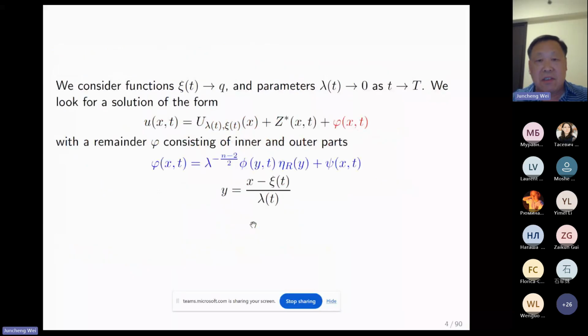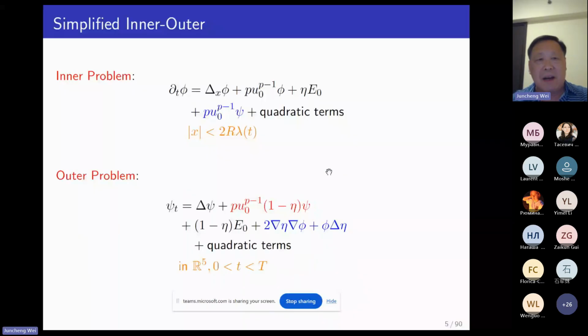The whole idea is to write the solution in this form. This is the leading order, and this is the noise term, and then the inner part and the outer part. The inner problem is a linearized parabolic problem, and the outer problem is just a parabolic problem. The outer-to-inner coupling is this term, and the inner-to-outer coupling is through the cutoff function.